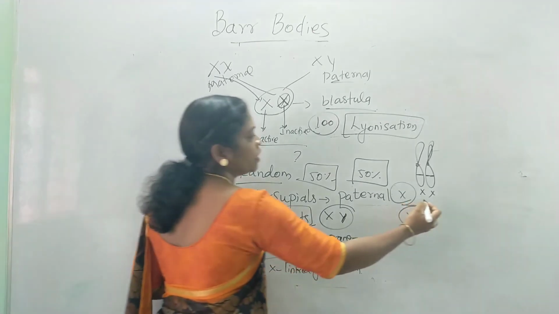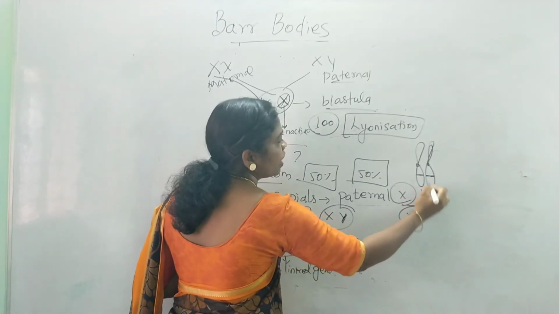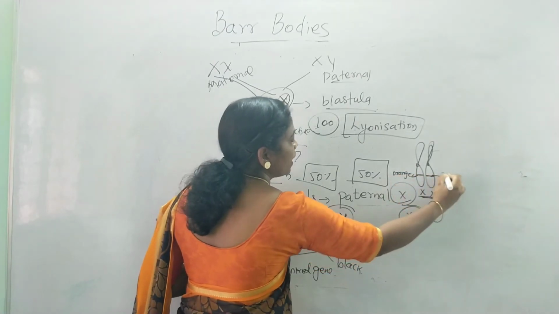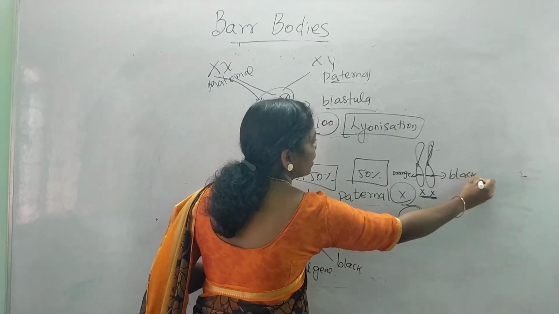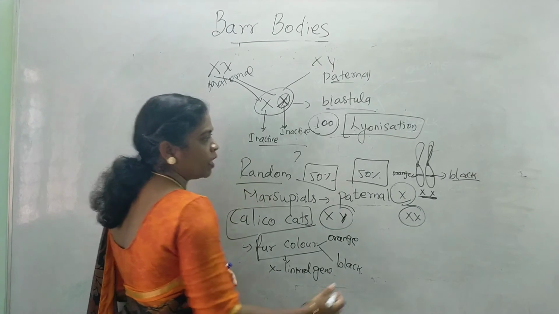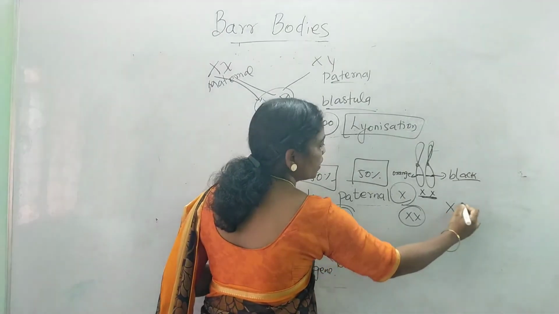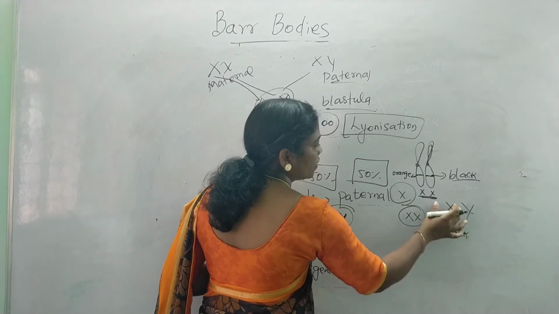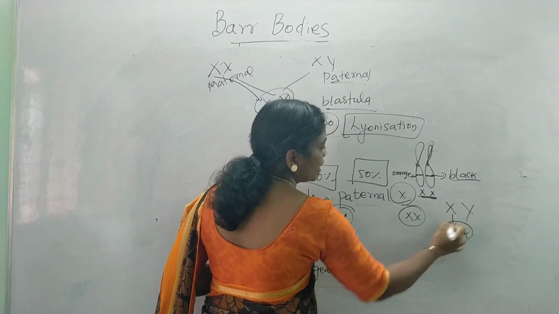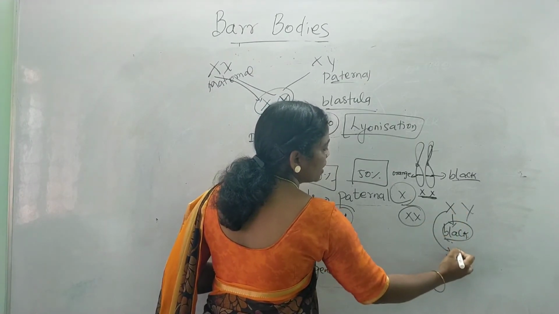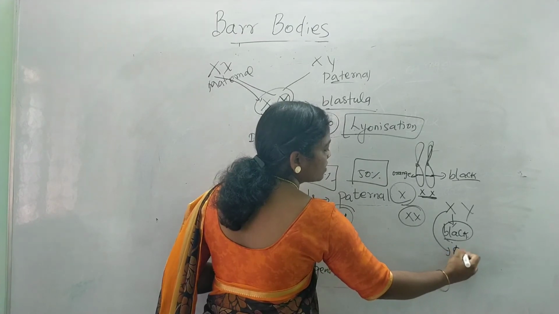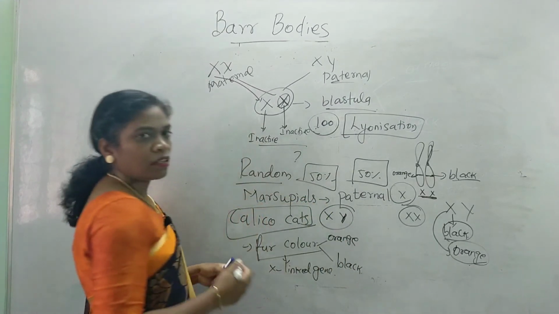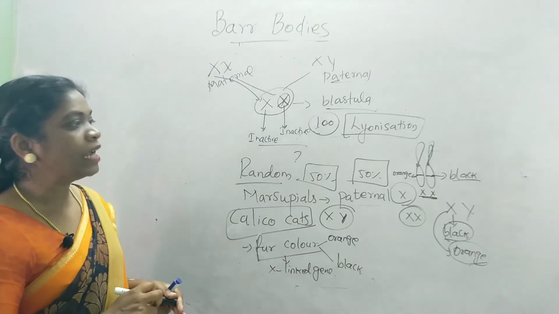In the female, one X chromosome will have the allele for orange color, and the other X chromosome will have the allele for black color. In the male, it is an alternate choice only, XY. So he may be black if this X chromosome inherits the black color gene, or the fur color will become orange if the organism inherits the orange color X chromosome or orange color allele.